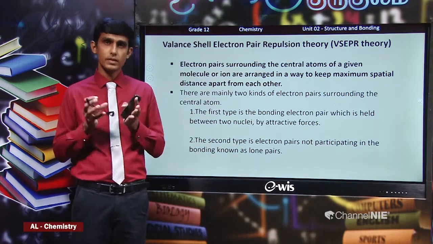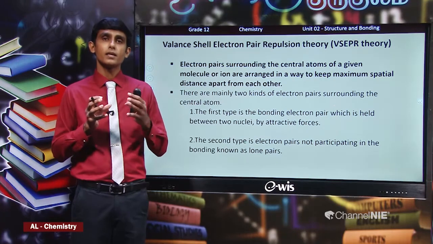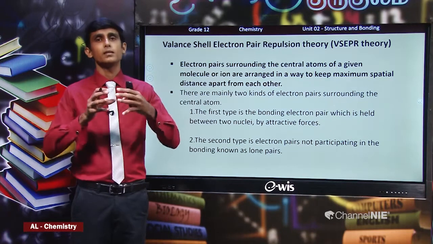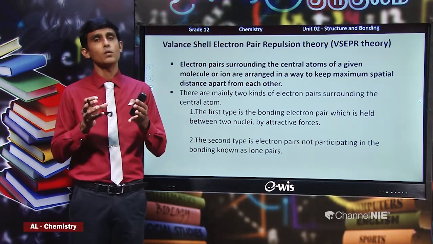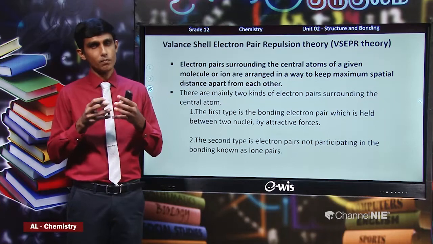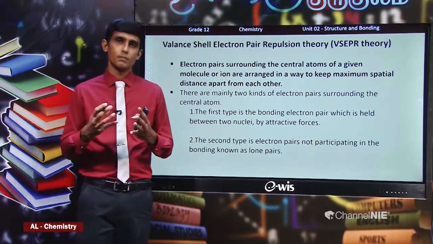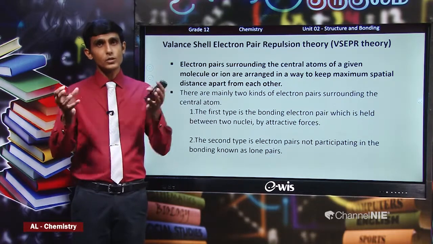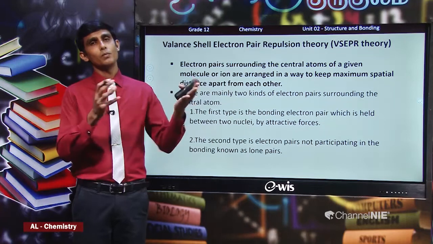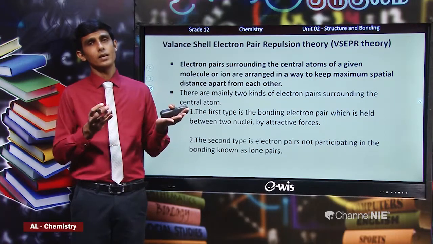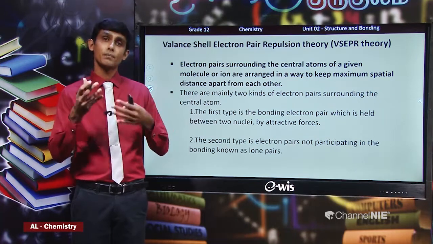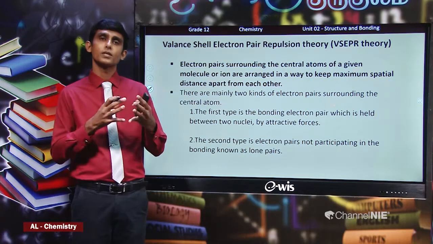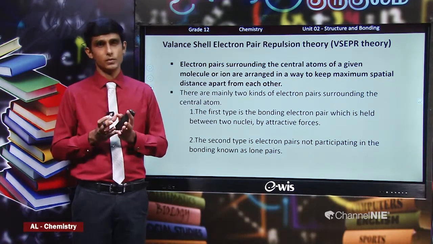Using X-ray diffraction methods, anyone can find the bond angle and bond lengths. But in the school lab, you cannot use X-rays to measure bond angles or bond lengths. Therefore, we should have a method to determine or predict the shape of an ion or molecule.